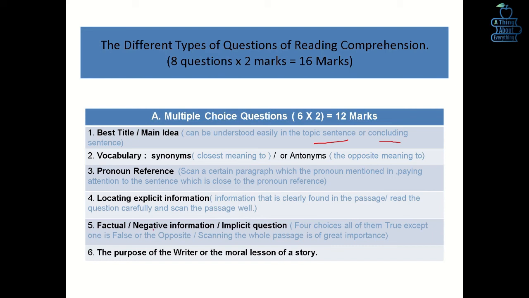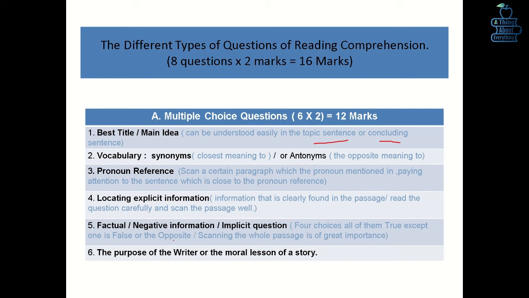Number 5, factual or negative information implicit in question, which needs more from you. You have to find out and think strongly about the idea. So you have 4 choices, all of them true except one is false or the opposite.